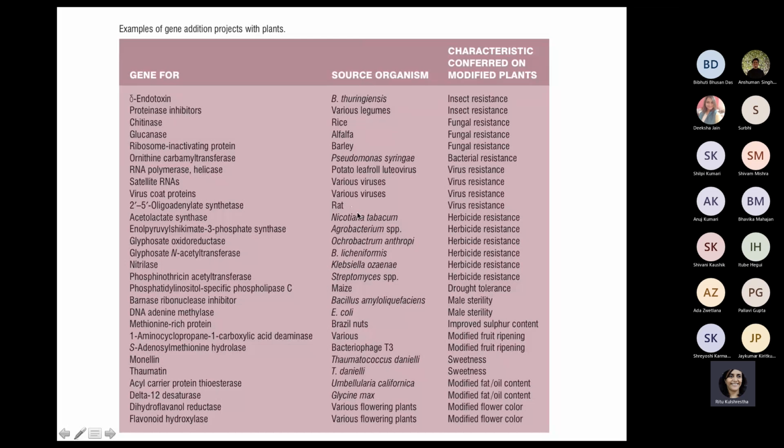So it is not that if you're working in the plant field, you only have to study literature related to the plant field only. You should also be aware what's going on in other different organisms, what research is going on. And that's why I always tell you that you should attend all the seminars, irrespective of which field you are working in in your respective PhD or MSc labs.